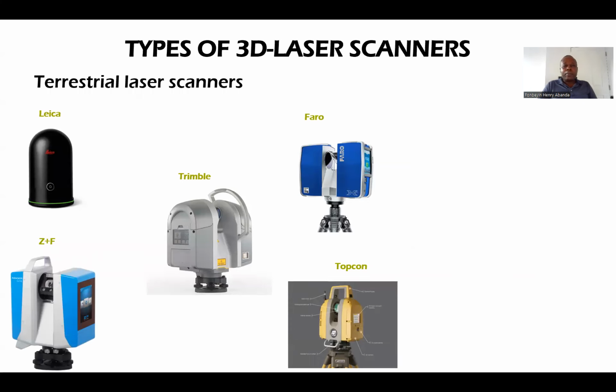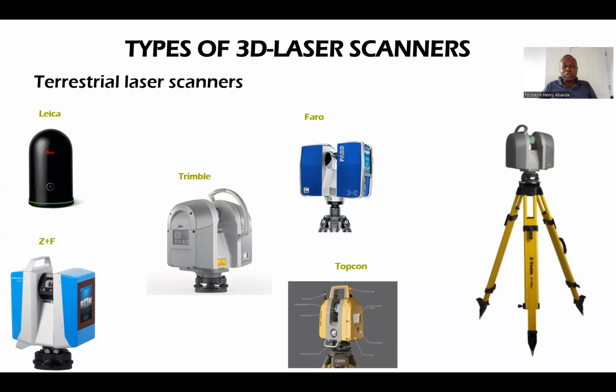Now, the different types of 3D laser scanners can be classified into terrestrial laser scanners. And you can see some examples of terrestrial laser scanners there: Leica, Trimble, Faro, Topcon, Z+F.